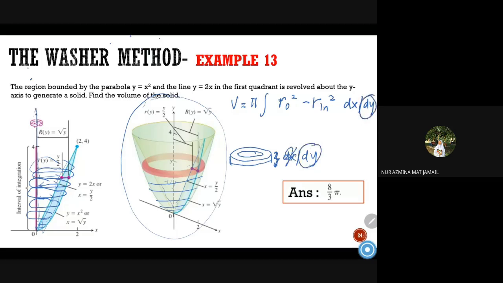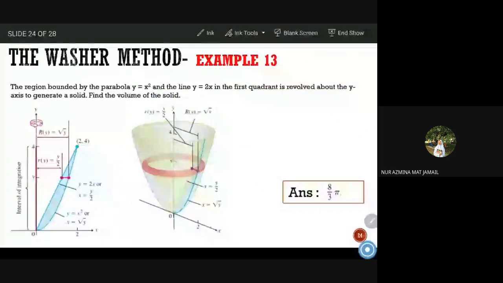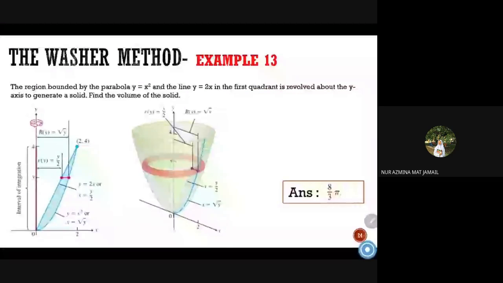Okay, and what about dia punya r out and r in? Okay, r out and r in kat sini, saya tulis semua dulu, tak nak pergi serabut. R out and R in dia kat sini maksudnya, okay. Yang mana R out class? So sekarang ni to determine R out is equals to, center kita adalah the line, okay, this line.